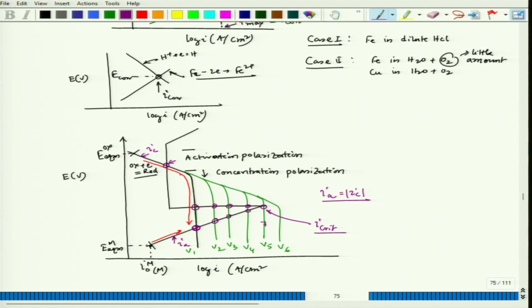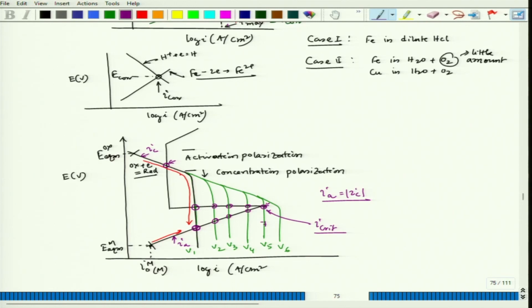Please go back to the previous lecture to learn what I critical is. Since this interaction point is the maximum current density in this plot, it will have a very high dissolution, and this is considered to be the interaction between active polarization of the anodic process and concentration polarization of the cathodic process. The system will try to maintain the corrosion rate at this location.